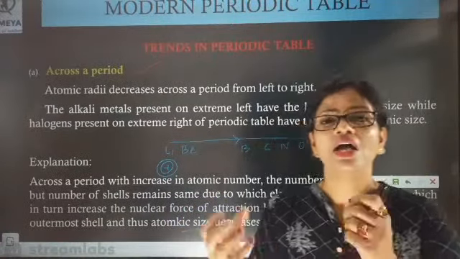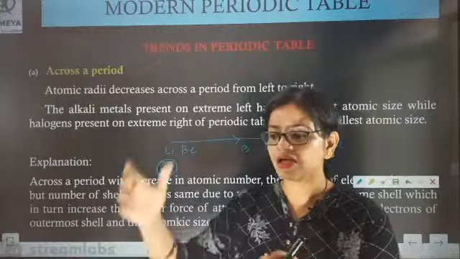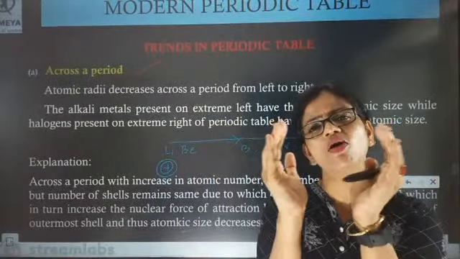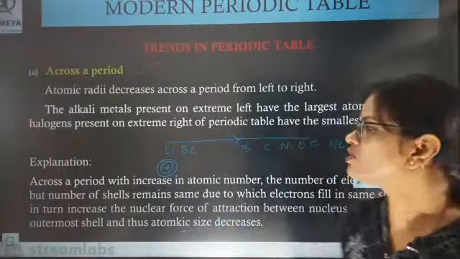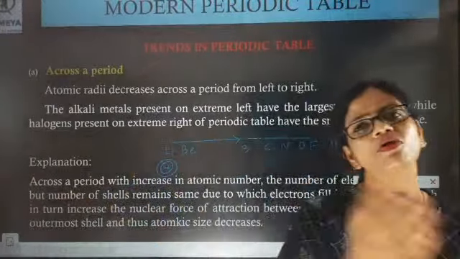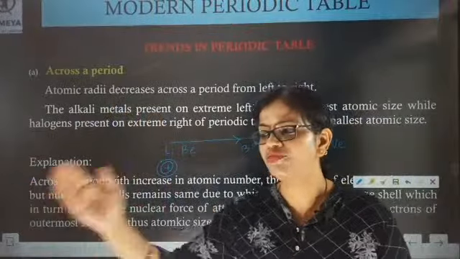So nuclear charge is attracting the electrons of the same orbit. It will make the orbit a bit smaller, and because of that the atomic radius will keep on reducing on going from left to right.